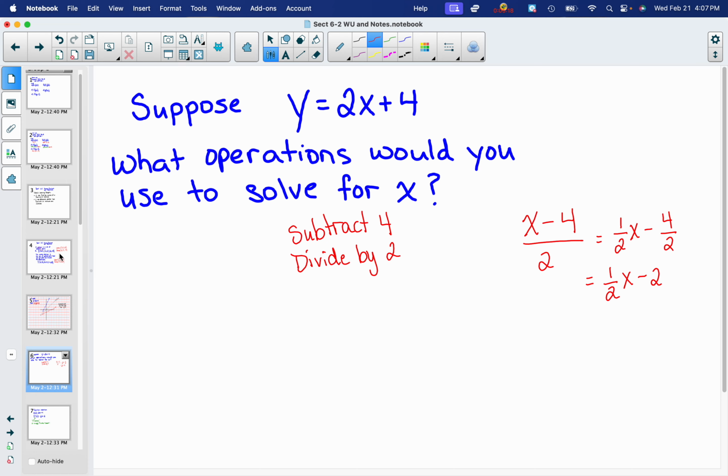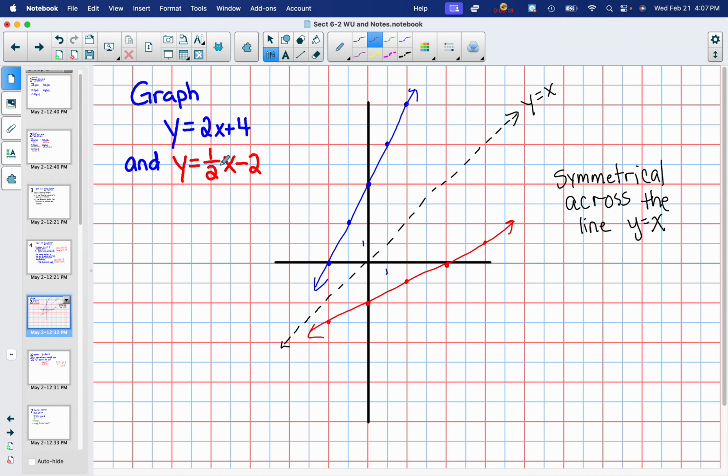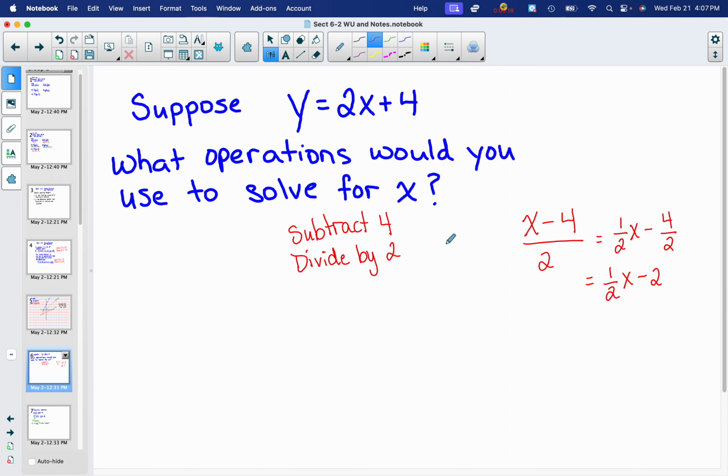So now if you look back at my second equation, it was 1/2 x minus 2. And what I just showed, when these were the operations to undo something, is that these two equations are inverse functions, because one of them you can get from undoing the steps of the other.